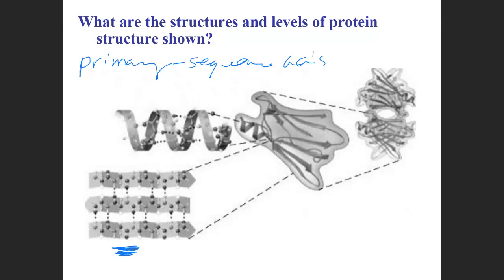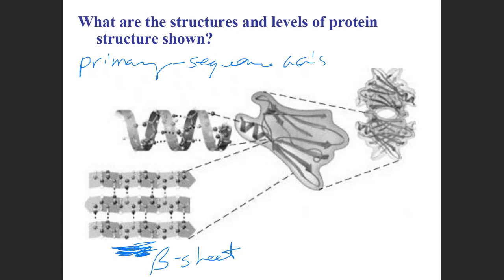Which secondary structure is it? Nope. This is not a helix here. The beta pleated sheets. Yep, it's the beta sheet.